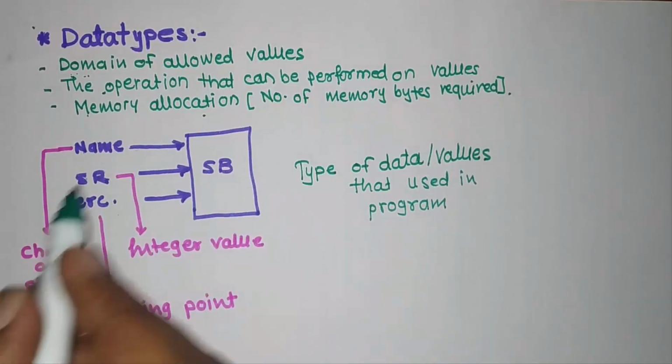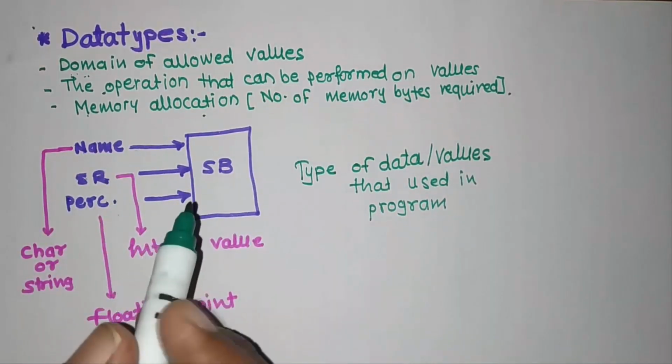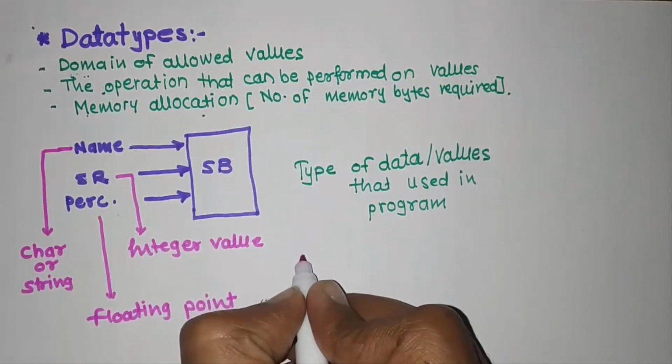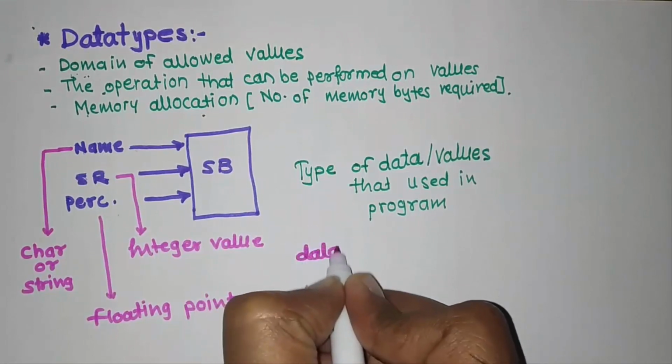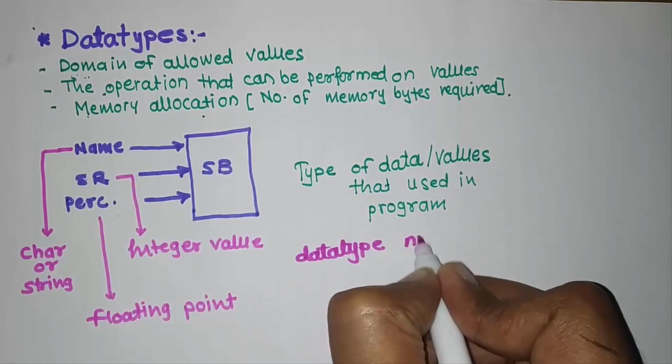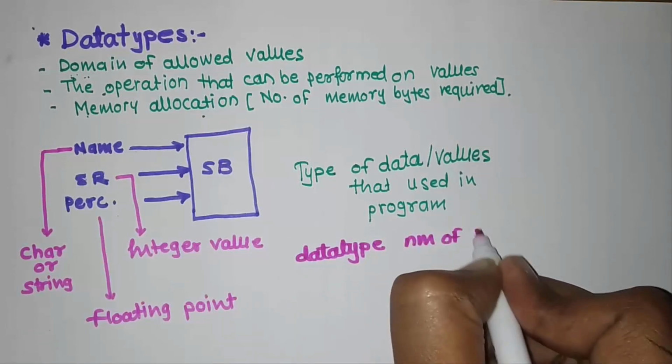To store each of these values, we are dealing with a variable, and this variable declaration is given with a proper syntax as: first data type, space, name of variable.